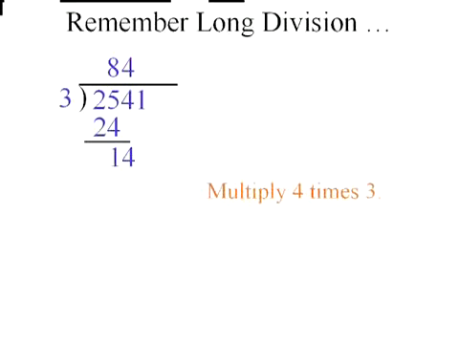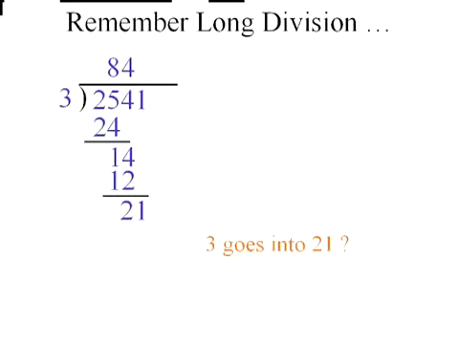multiply 4 times 3, subtract, and I do have another digit, so I bring it down. And I start the process again.